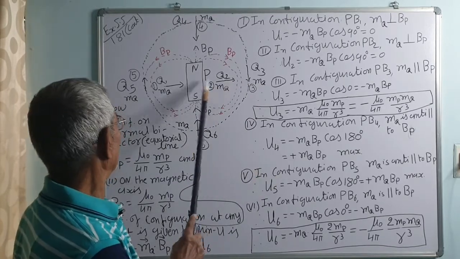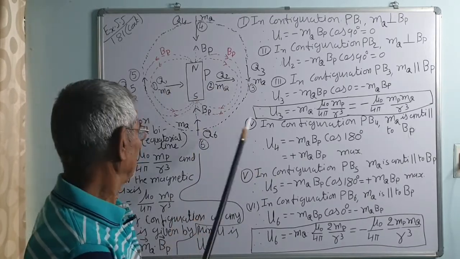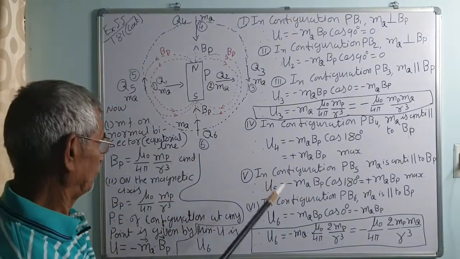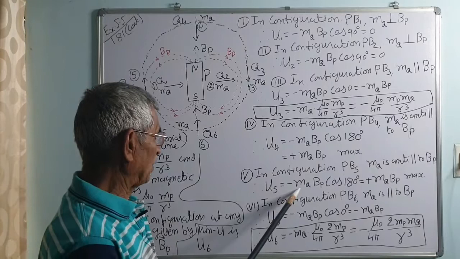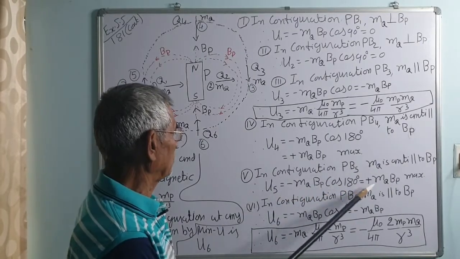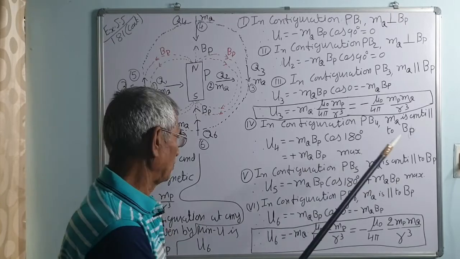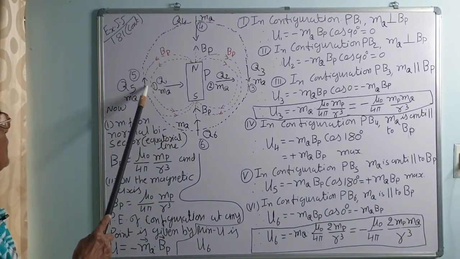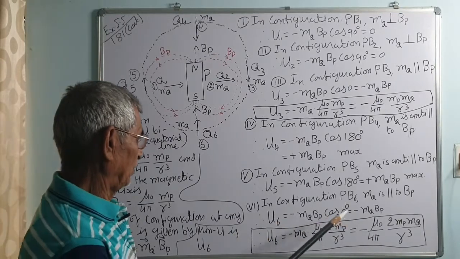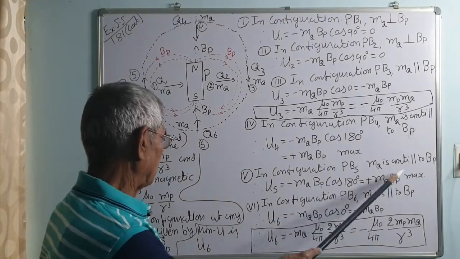Here 90 degrees, perpendicular. Here parallel, here anti-parallel. So U5 is equal to minus MQ BP cos 180, that is also the same as before, plus MQ BP here also. So in these two cases it is plus MQ BP, that is maximum.